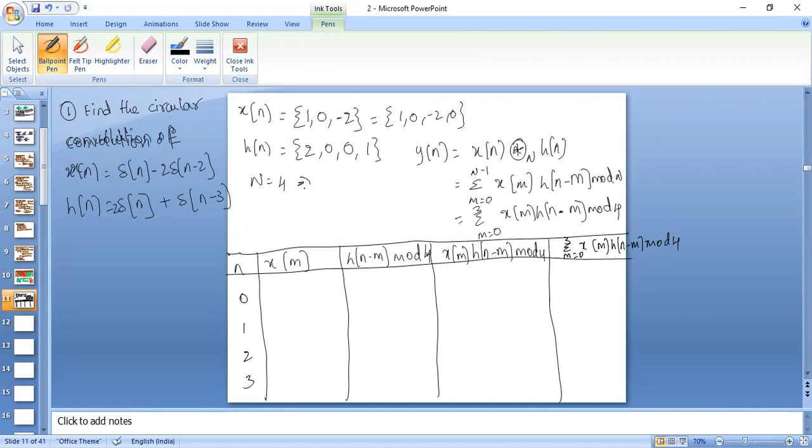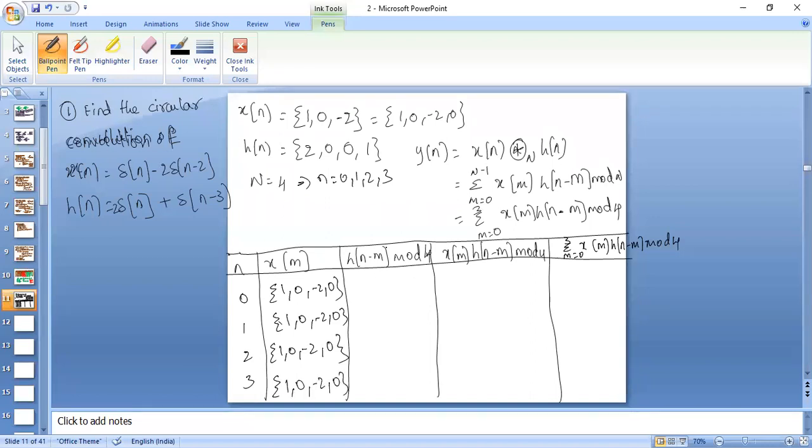small n takes the values of 0, 1, 2, 3, that is 0 to n minus 1. X of m is constant because it is not depending on n, so it is constant for all values of n. Right?